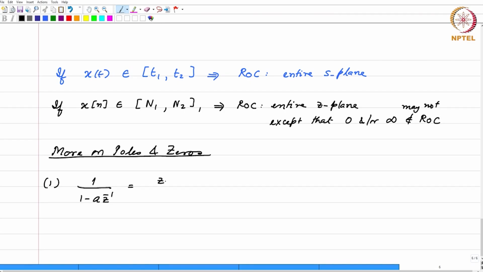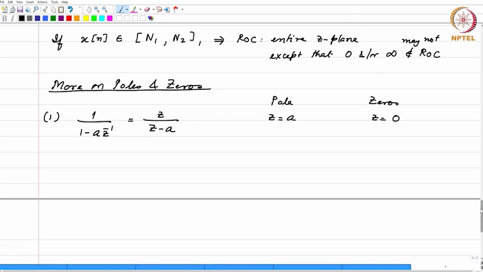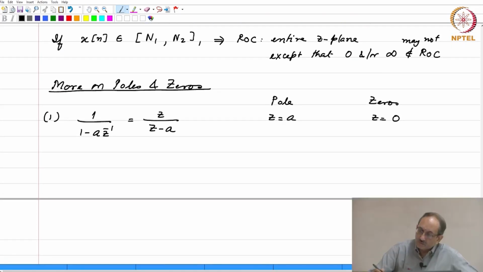So, this of course is z by z minus a. We look at poles and zeros. This is something we have already seen. Z equal to a is a pole. Z equal to 0 is a zero.